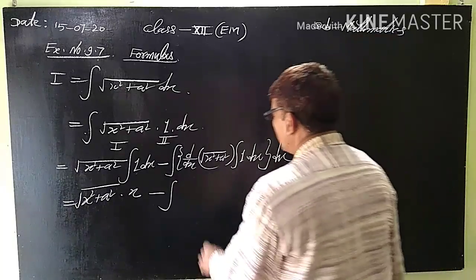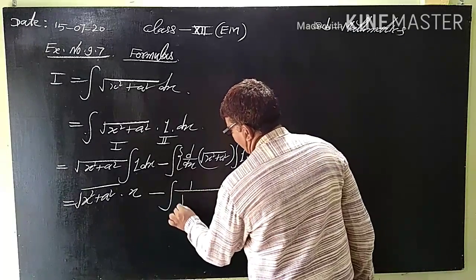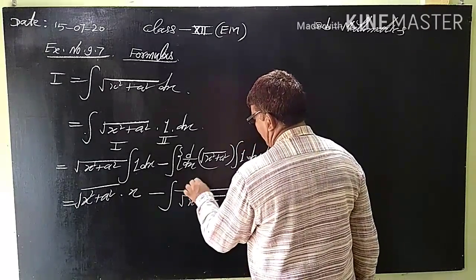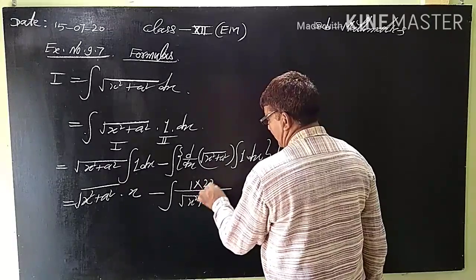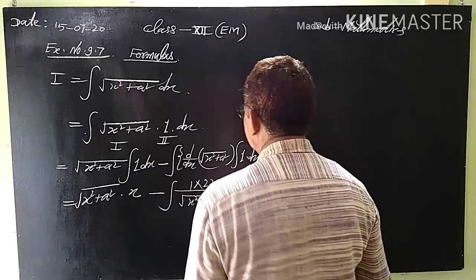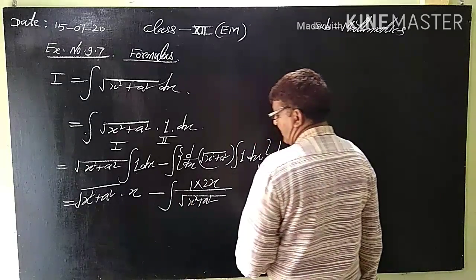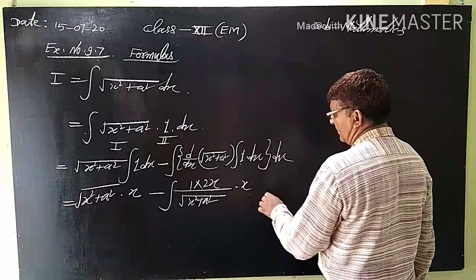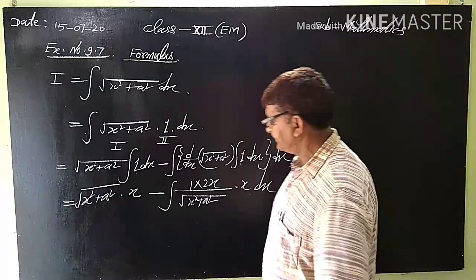This is equal to 1 upon under root x square plus a square into dy by dx of x square, which is 2x, and integration of 1 equal to x dx.